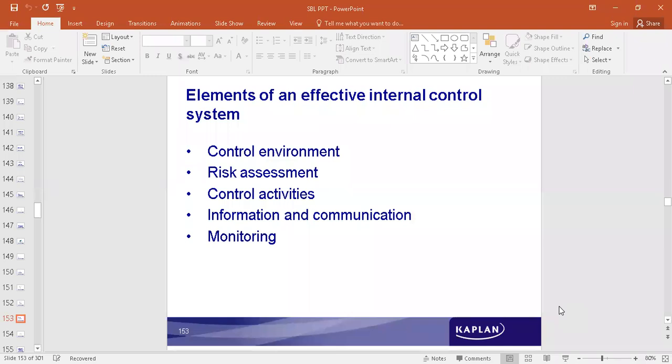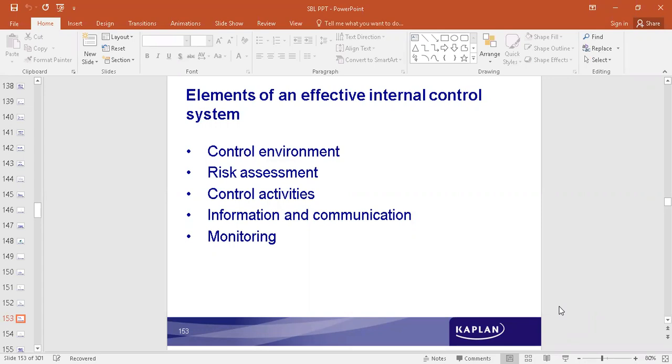So study the internal environment thoroughly: who they are, what the policies and procedures are, what the responsibility of each of them is, what the seriousness of the management is, and what the employees' moral and ethical standards are, etc.